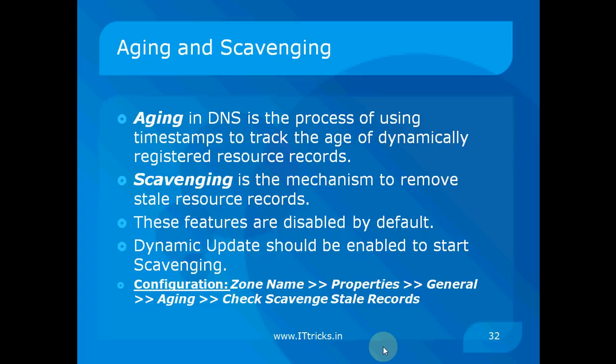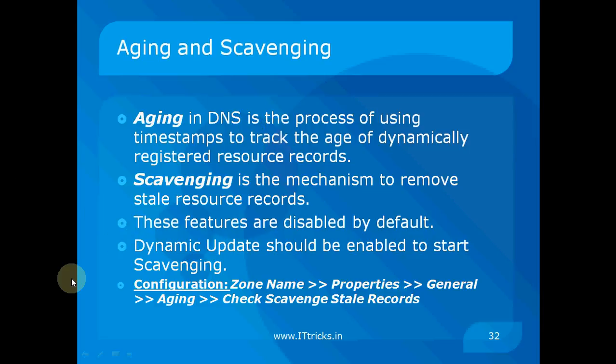But suppose after a long time they are disabled, they are not in contact, so these stale resource records need to be deleted from there. So aging is the process of keeping the age of that dynamically registered resource record, meaning how long that resource record is stored in the DNS zone. And scavenging is the process of deleting the resource records which have not been used for a long time.